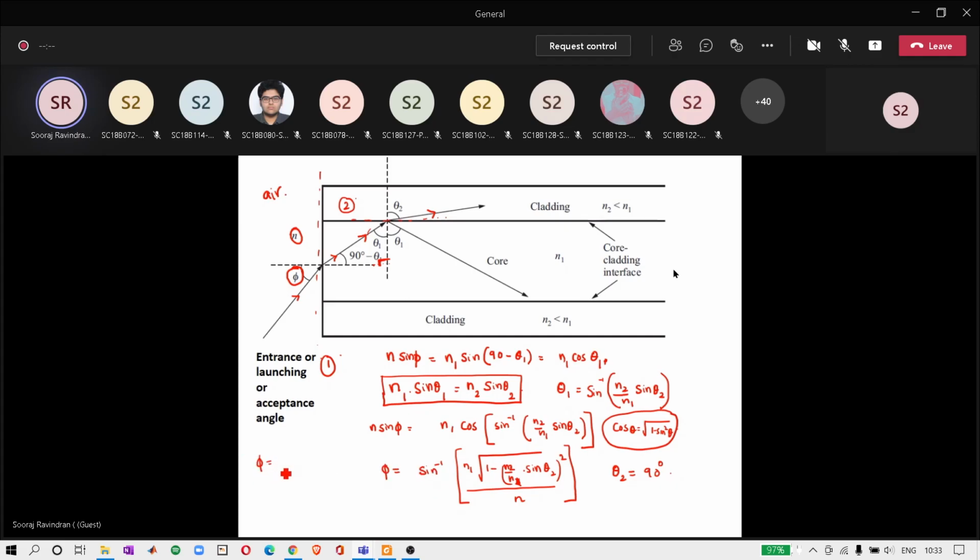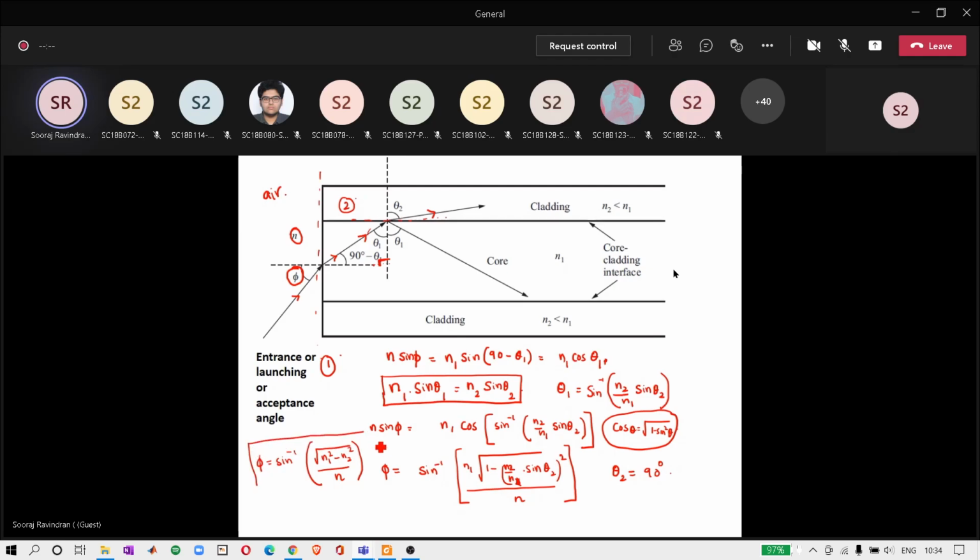phi would become sine inverse, what would you get? Root of n1 square minus n2 square, divided by n. So you would be getting this relationship.